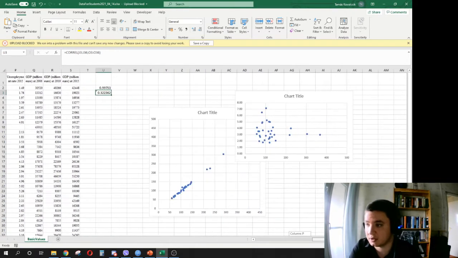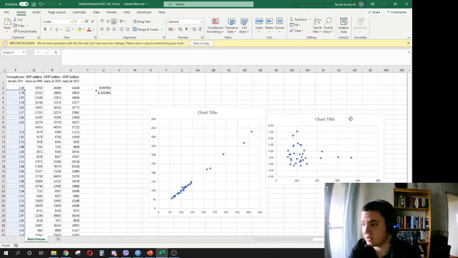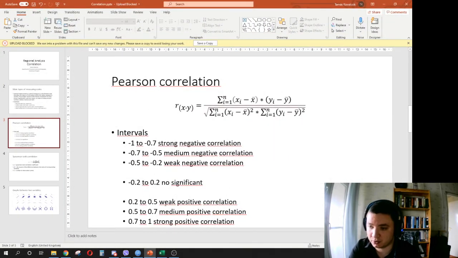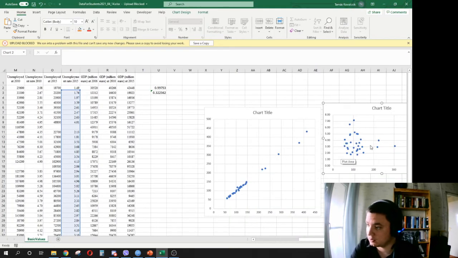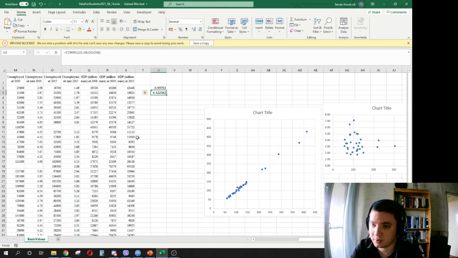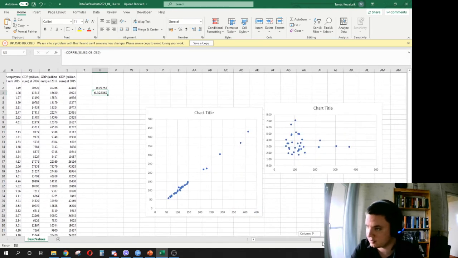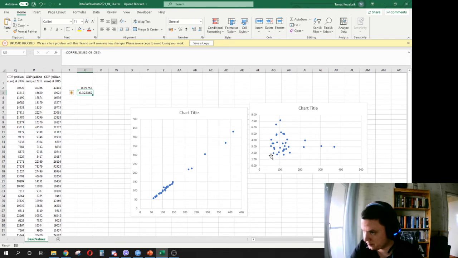We have a weak correlation rate, a weak positive one, between the unemployment rate and the population density, because there are several rural areas with a lower unemployment rate.